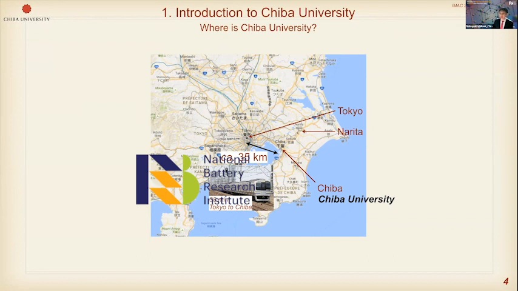The train will come like this, passing by Chiba. So please get off at Chiba, and you can see Chiba University very well. So it's close. In that meaning, Chiba University is open to the world. I think I am a representative of an international university. Just my hope.